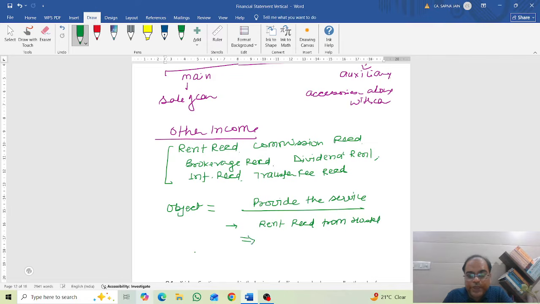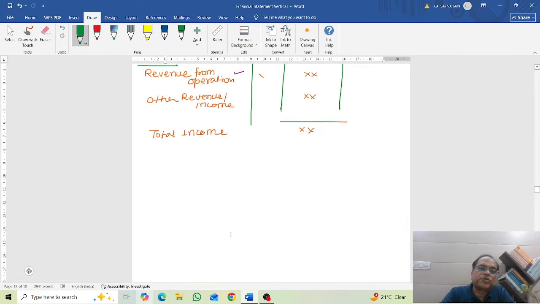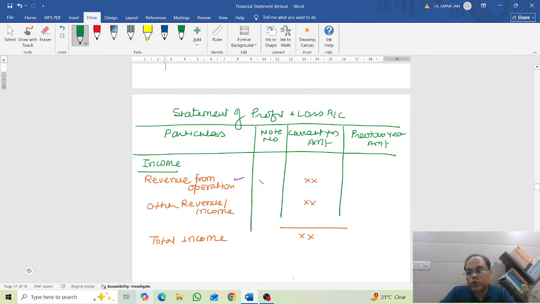Suppose your college deposited the money in the bank, so interest received from the deposit amount in the bank is called other income. Suppose your college invests the money in shares, so dividend received is called other income. So revenue from operation as well as other income, the total is called total revenue or total income.